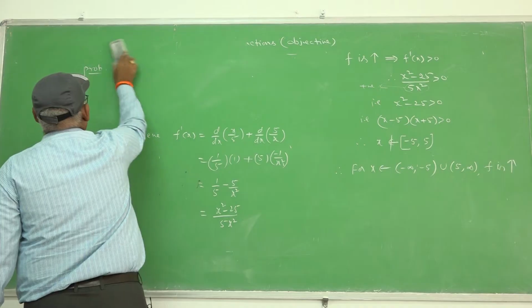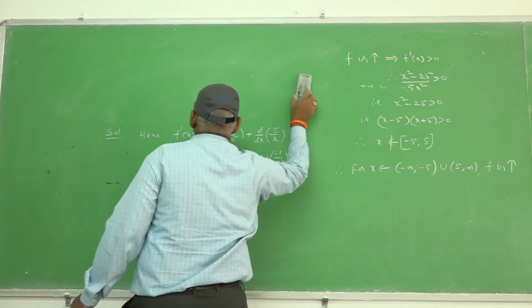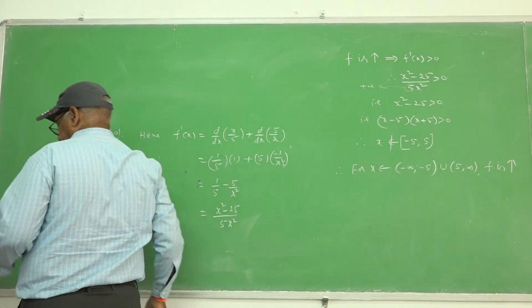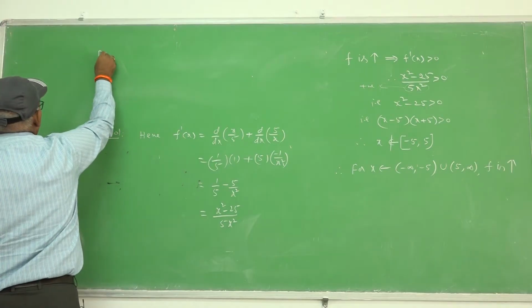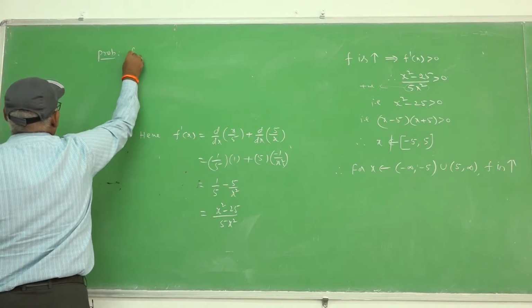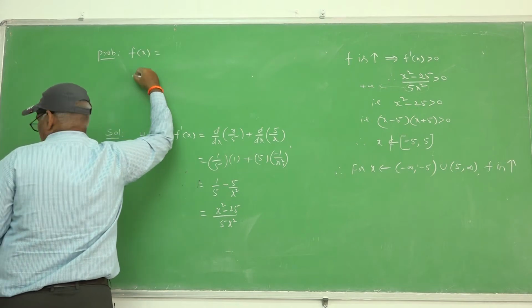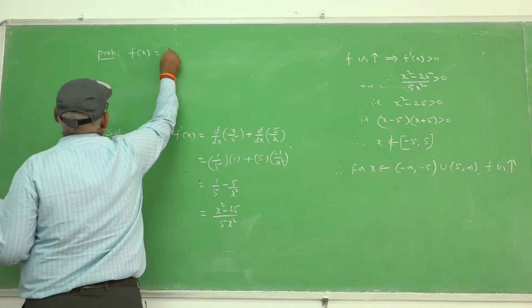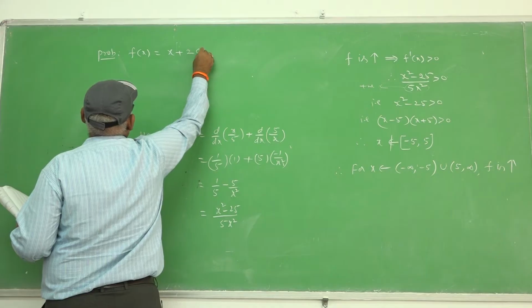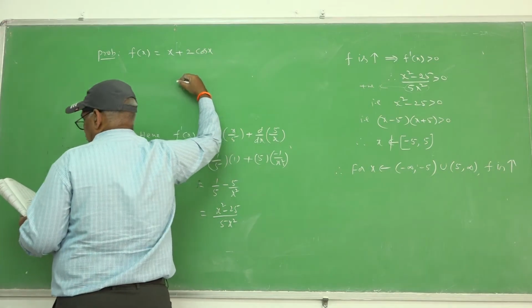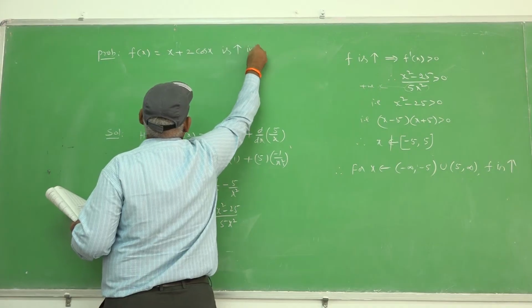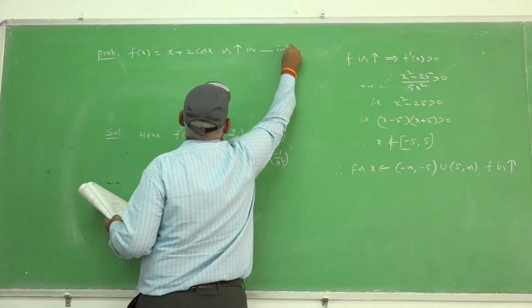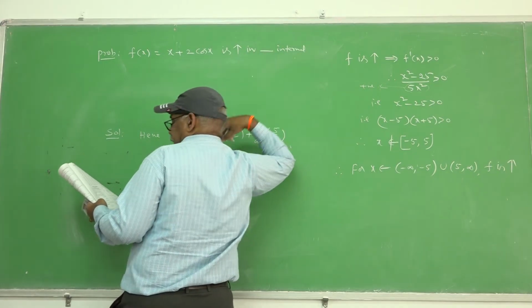Next problem. f(x) equal to x plus 2 cos x is increasing in which interval?